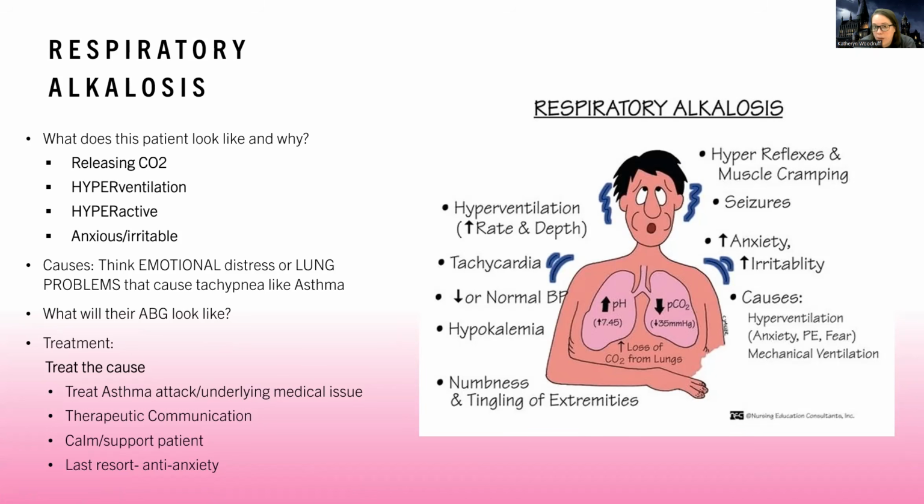If it's an asthma attack, we obviously need to fix that. They're breathing fast because they can't breathe, so we need to give them their treatments. But for a lot of these patients, therapeutic communication is your first intervention. You're not going to like that. It doesn't seem like that should be the first intervention, but it is the best thing for these patients. Calm, support them. And as a last resort, things like anti-anxiety medications can definitely make a big difference.